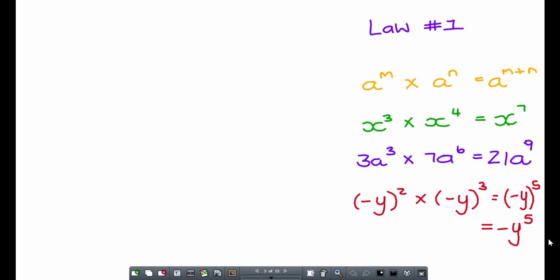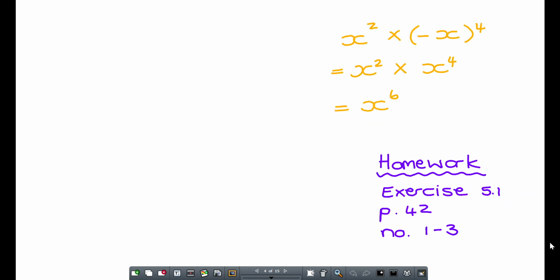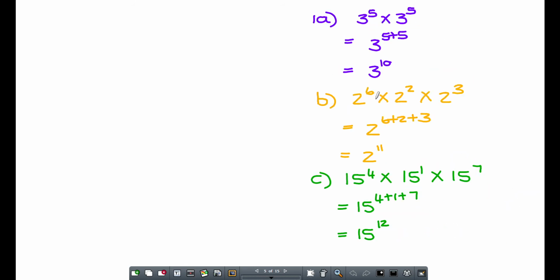Okay, so don't get confused. Coefficients we multiply, but in this case, we didn't have any coefficients. Our base was 3. So base stays 3. We just add the exponents. Okay.